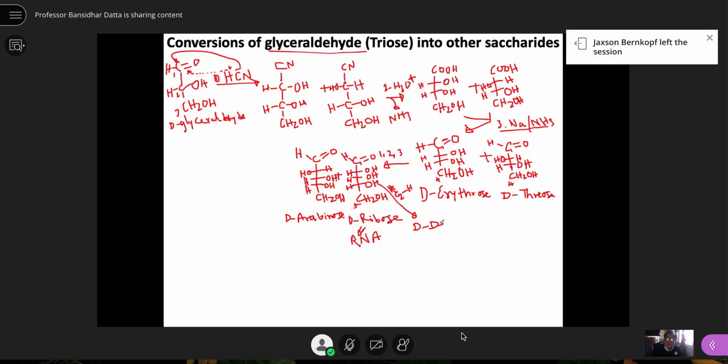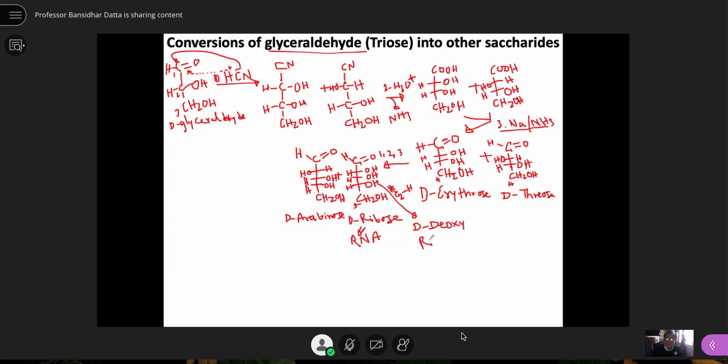De means removed; oxygen is removed. Now where do you find this one? Yes? DNA. That's where the name came from, right? DNA stands for deoxyribonucleic acid. So ribonucleic acid is RNA. This ribose is present in RNA, and deoxyribose is present in DNA.